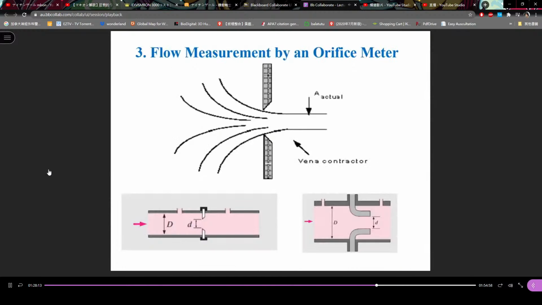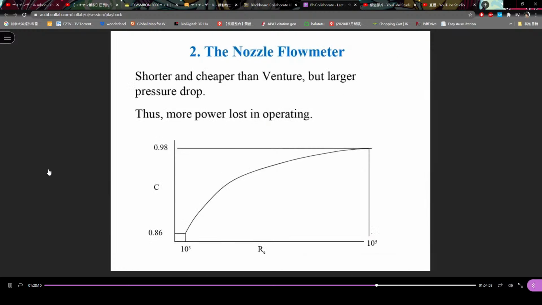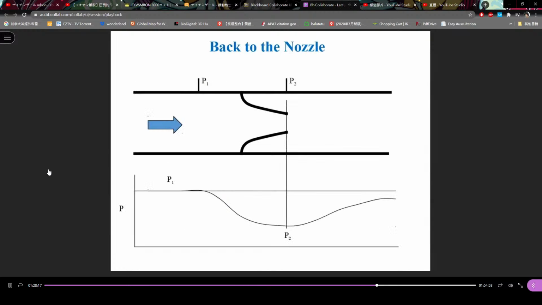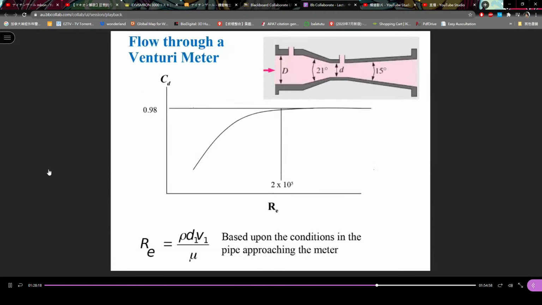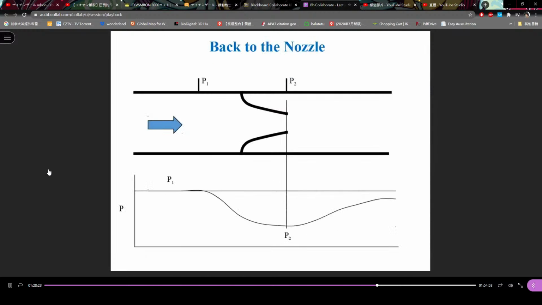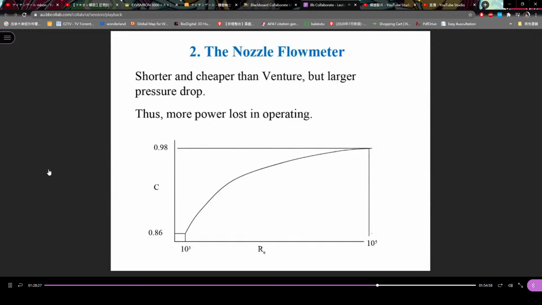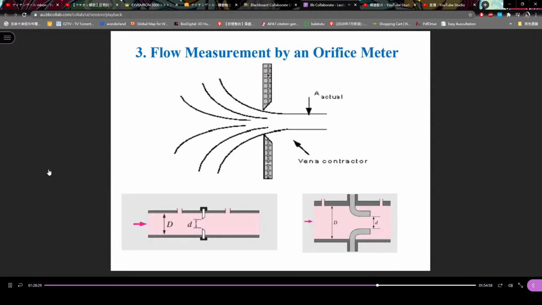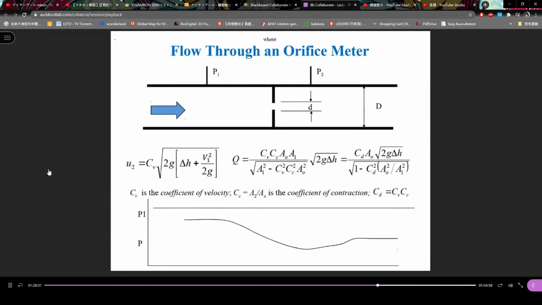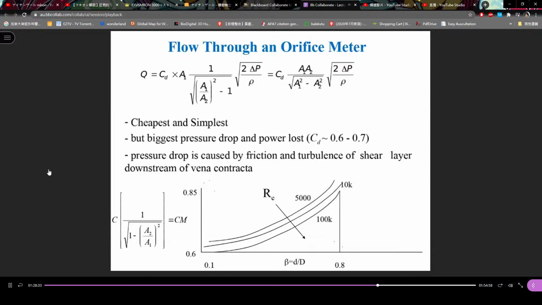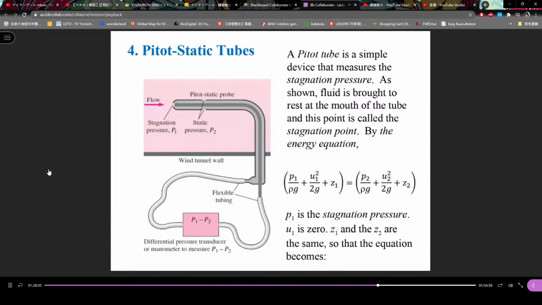For the test and examination: Venturi meter, nozzle, and orifice meter, and finally the pitot tube, a pitot static tube meter, 4 meters.